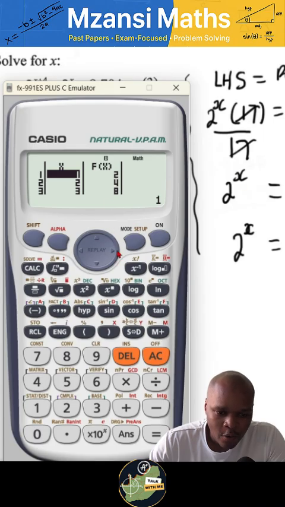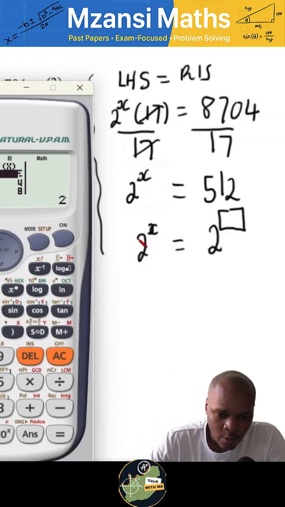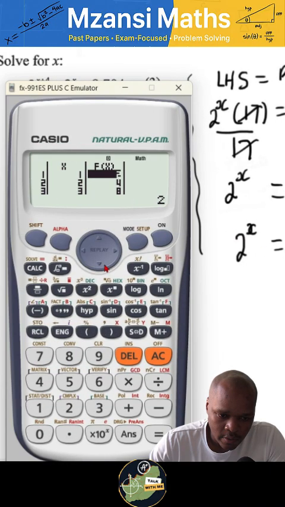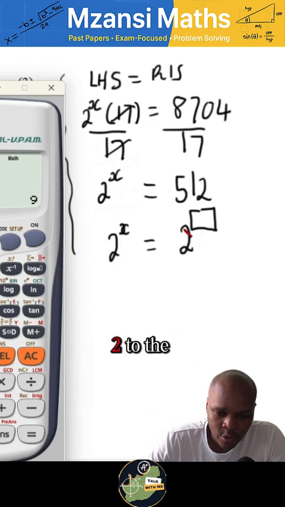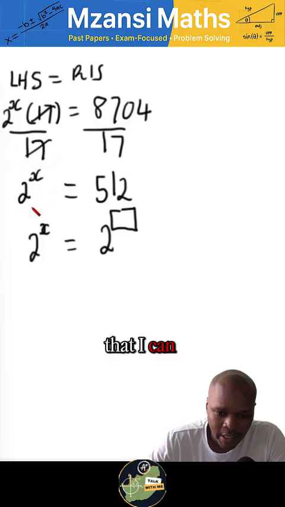Now on my f of x column, I will need to look for 512. Scrolling down, there is 512. So I see that when f of x is 512, x is 9, which means I need to raise 2 to the power 9 so that I can get 512.